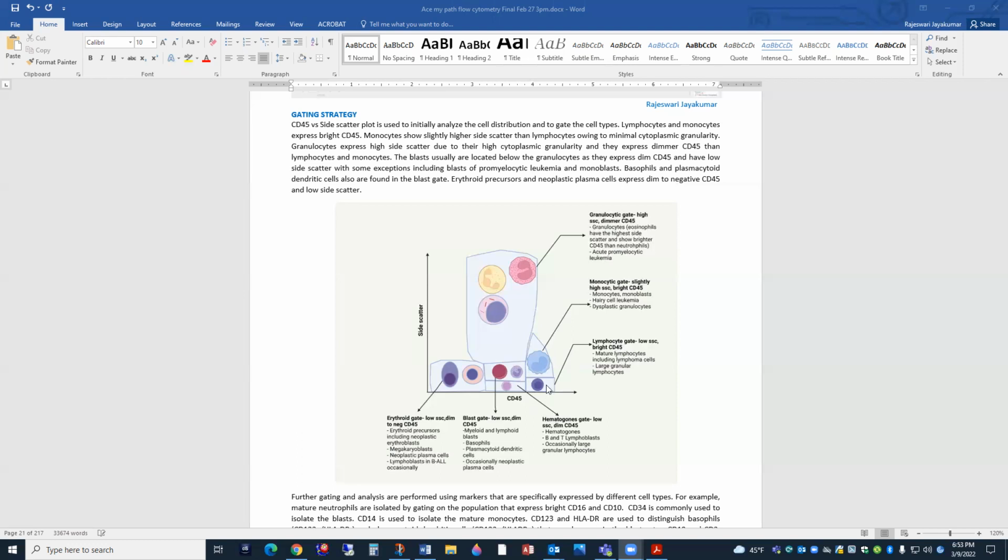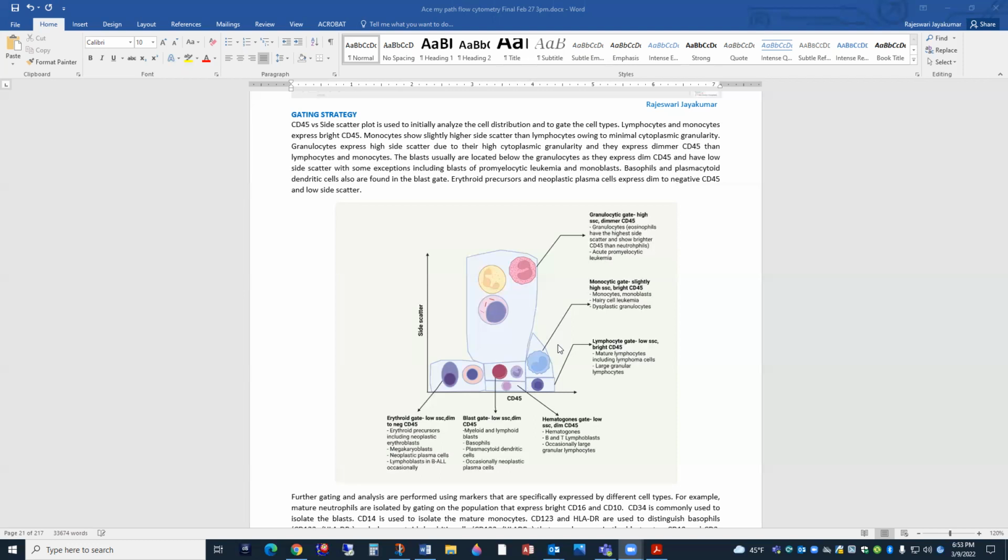The gate that is just above the lymphocyte gate is called the monocyte gate. Monocytes sit here because they have increased side scatter, as they have more cytoplasm with contents that can scatter light, and they also express bright CD45 just like lymphocytes. So that is the monocyte gate.